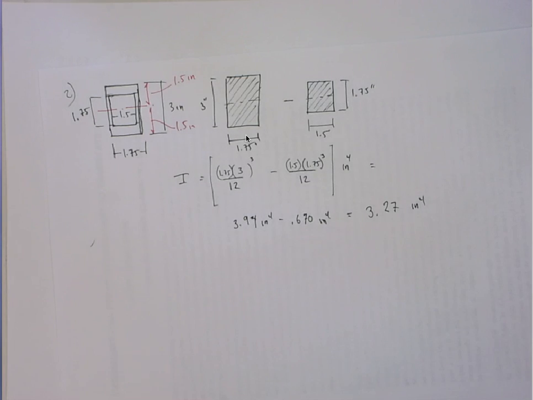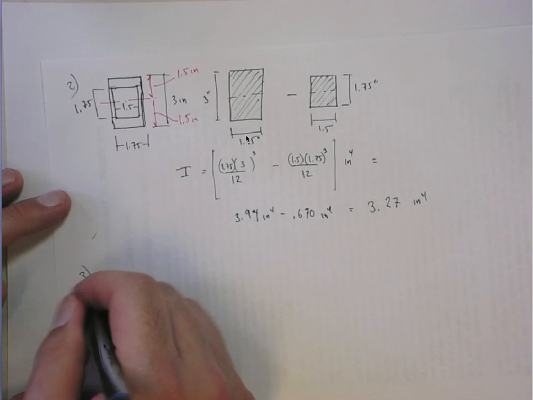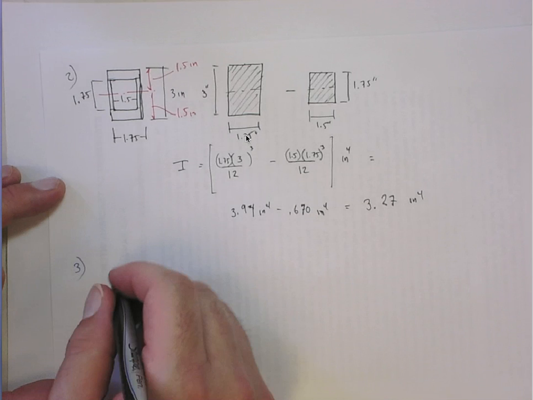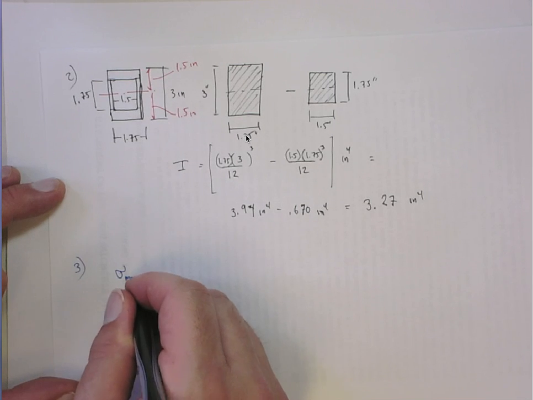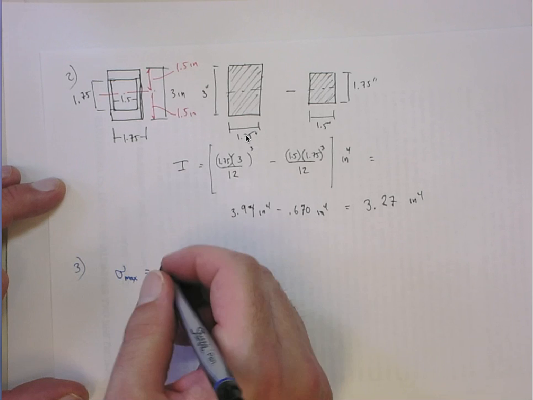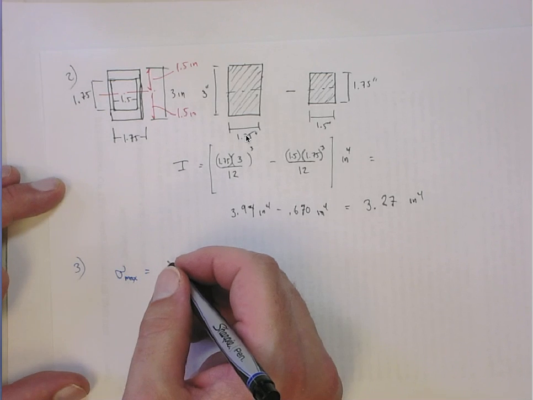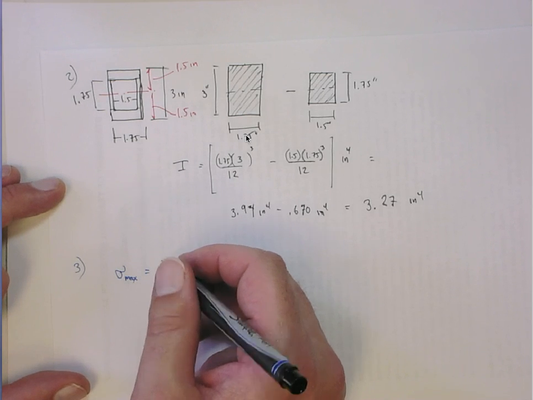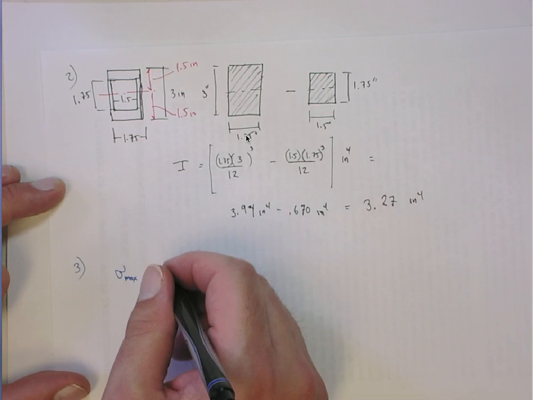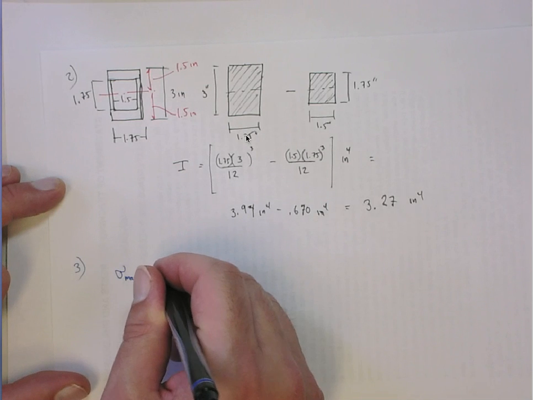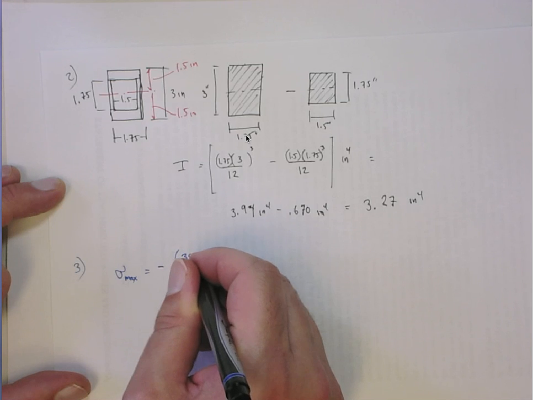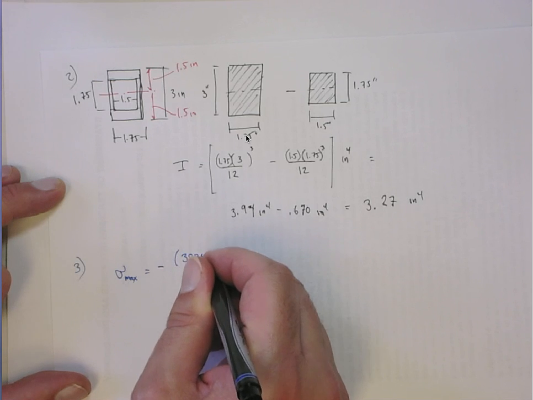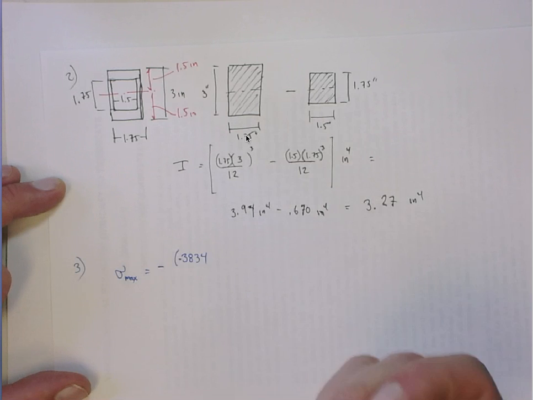So let's finish up the problem. We're almost there. We need to now do the third step. We have to find the stress. So the stress max is going to occur at point D, where we have that maximum bending moment. Let's be careful about our sign conventions. Actually, it's a minus 3.834 bending moment.